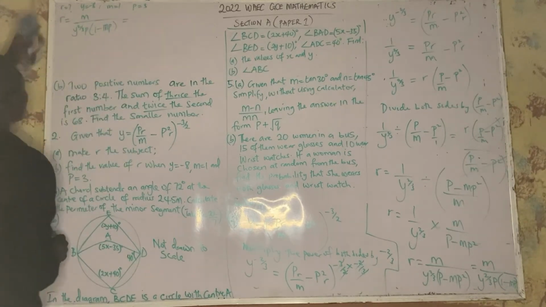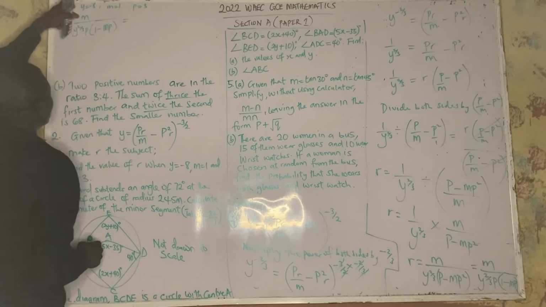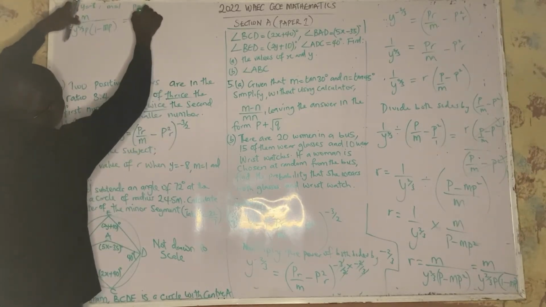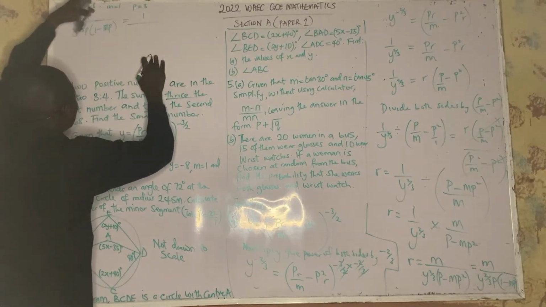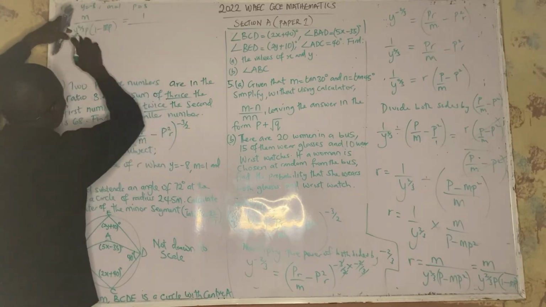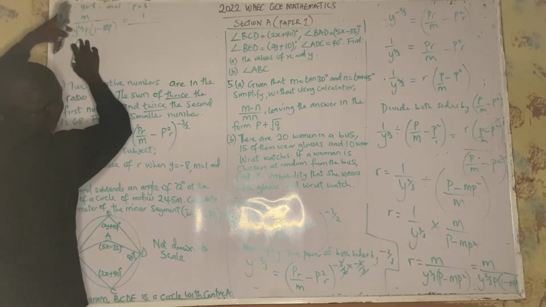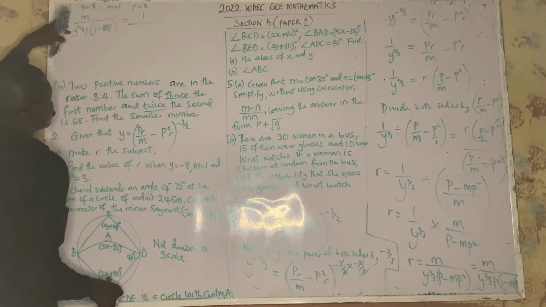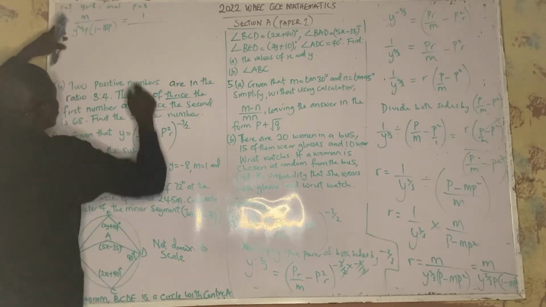Now let's substitute the value now. What is your m? Your m is 1. Y is given as minus 8.